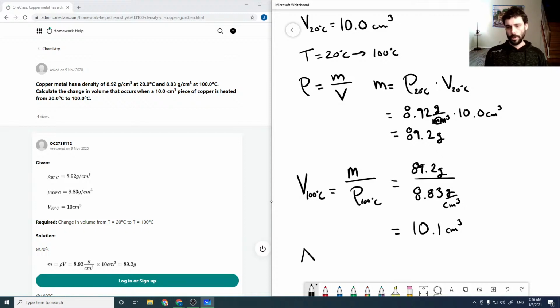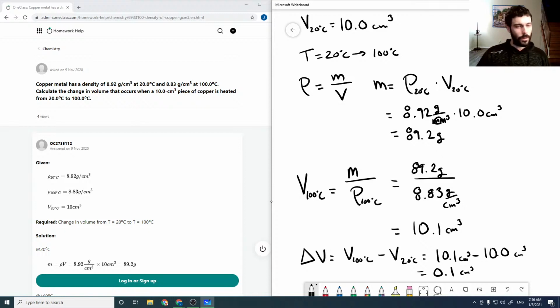Our change in volume is our volume at 100 degrees Celsius minus our volume at 20 degrees Celsius, which is 10.1 minus 10.0, which is 0.1 centimeters cubed. So our change in volume in heating from 20 to 100 degrees Celsius is 0.1 centimeters cubed.